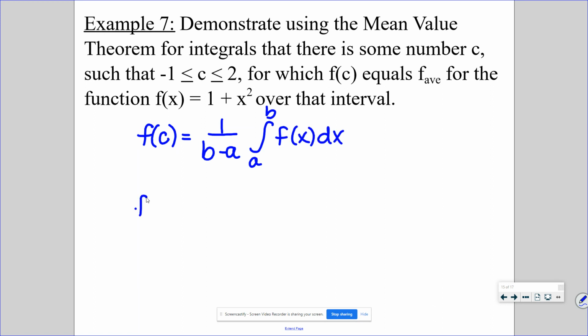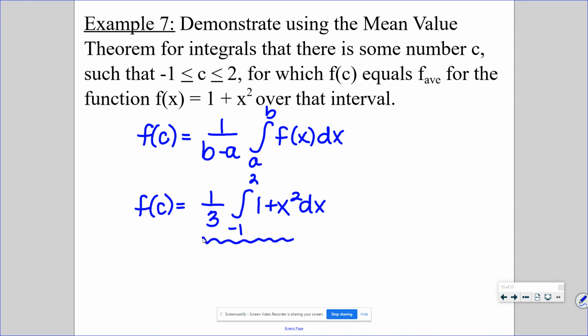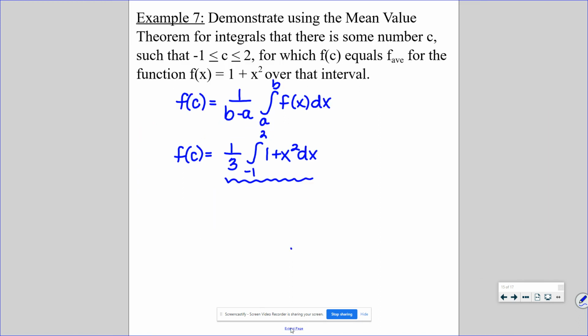If we plug in what we have for this particular problem, we know that 1 over b minus a was 1/3, and a to b was -1 to 2, and we knew our function was 1 plus x squared. Okay, and because we've already computed this whole value, I'd rather not reinvent the wheel. And we got, I believe, 2 for that, didn't we?